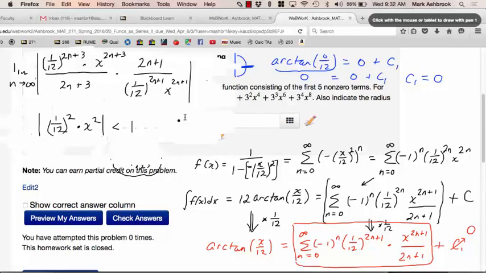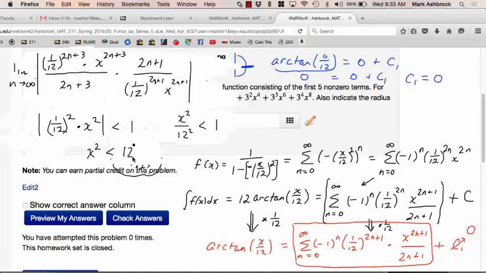So we got x squared over 12 squared is less than 1. And so basically, x squared is going to be between 12 squared and 0, right?